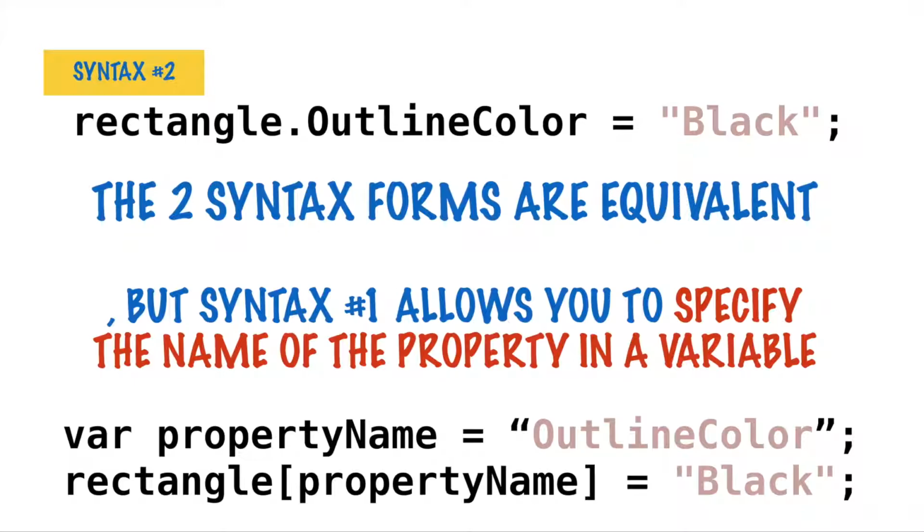That's exactly the same as rectangle square brackets in quotes outline color is equal to black. So essentially, you'd be able to specify your property name as a variable. You can even take this variable as an input from the user. So you could have the user specify what property name he wanted and add that property name to an object. You can't do this with syntax 2.